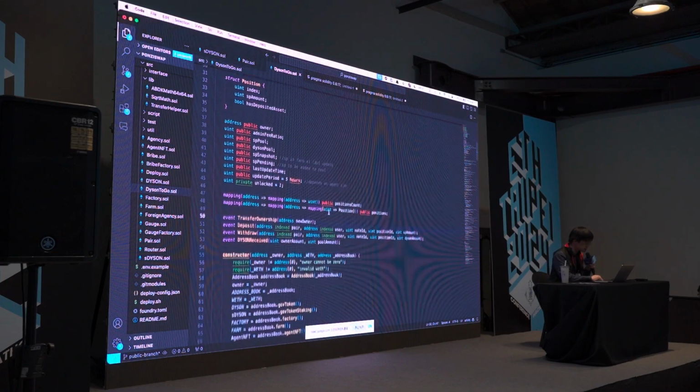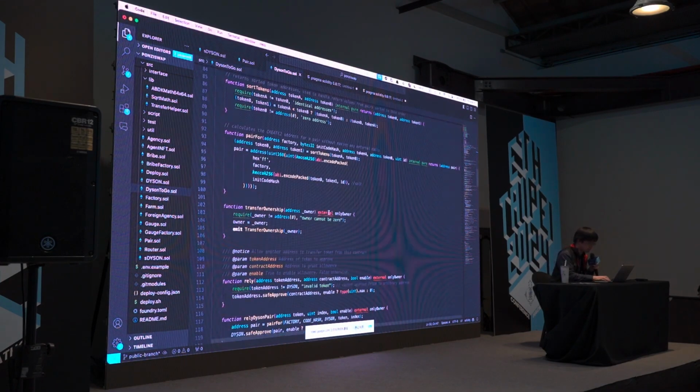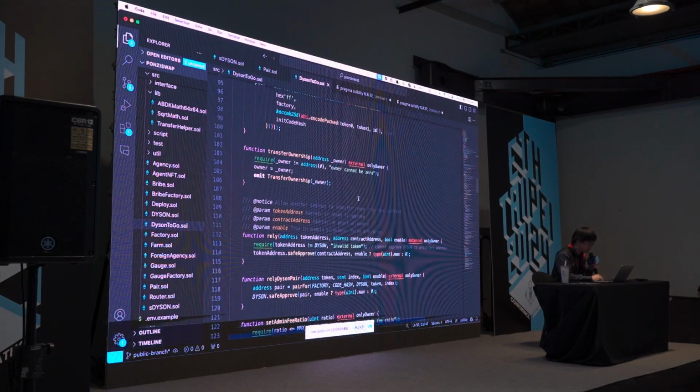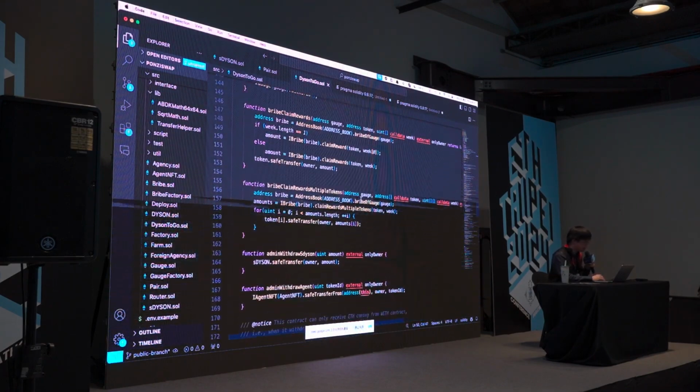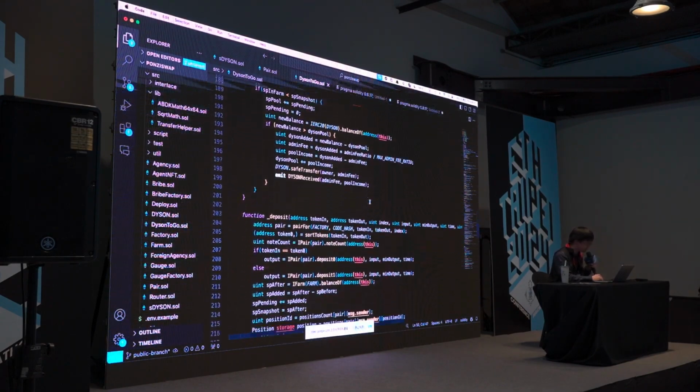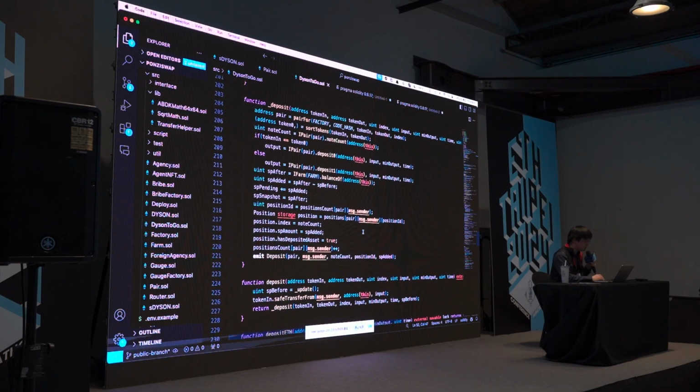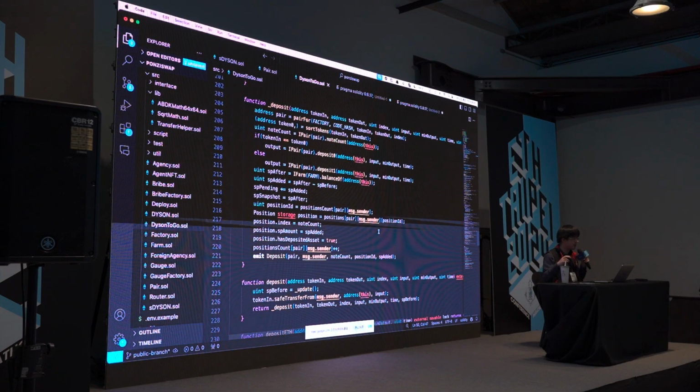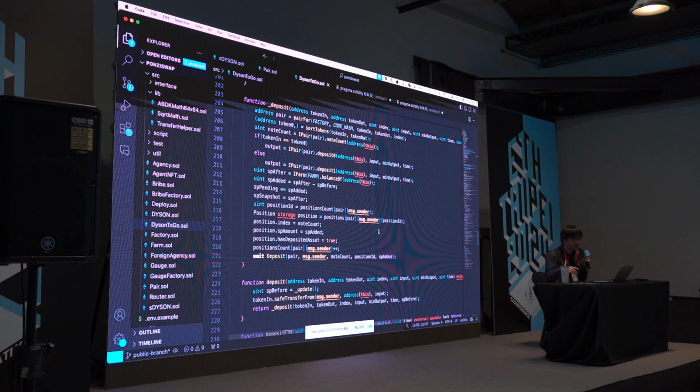Yeah. So we can directly go to the deposit function, and as you can see, there's some logic that deals with selecting the pair to deposit and performing the actual dual investment.